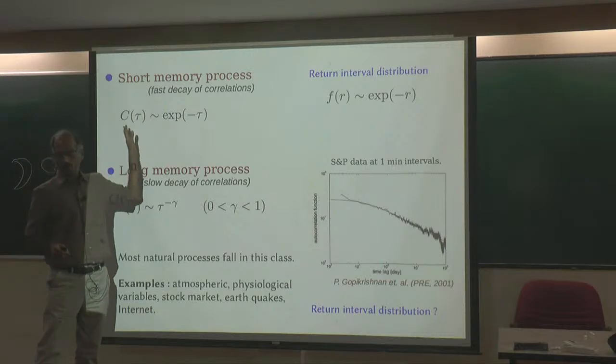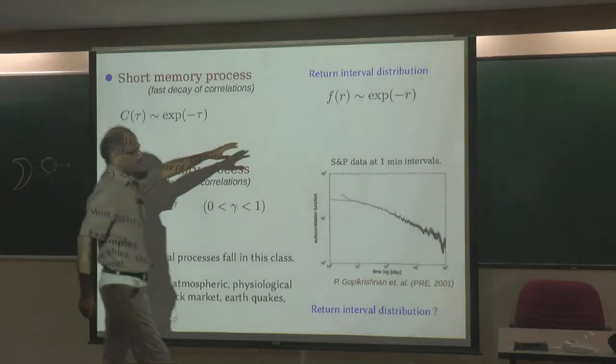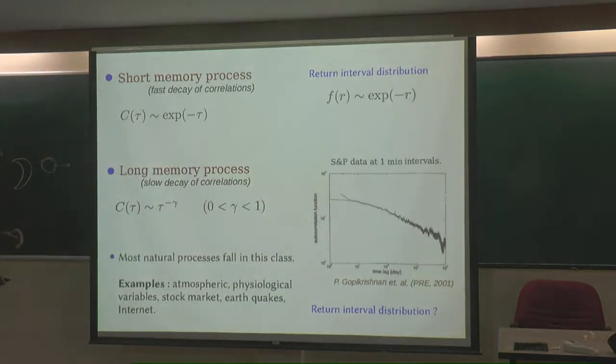If you have a correlation function that's decaying exponentially, then it's very nice. It's easy to handle because you don't need to remember where it started from. It would have forgotten over a very short exponential time scale. In that case, it turns out that the return interval distribution is also exponentially distributed.